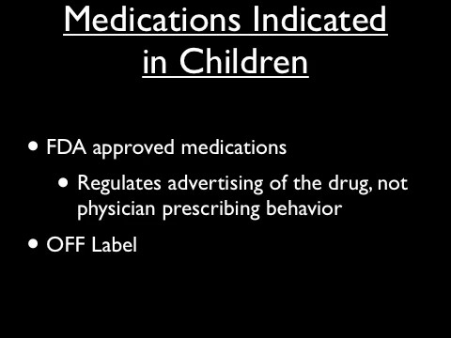So as psychiatrists, we try to use the FDA approved medications, right? But if they're not effective, or if there aren't any for a particular group of conditions, then we use the medications off-label. We use from clinical experience, we use from the studies in adults, then we use the medications in the kids as well, right?